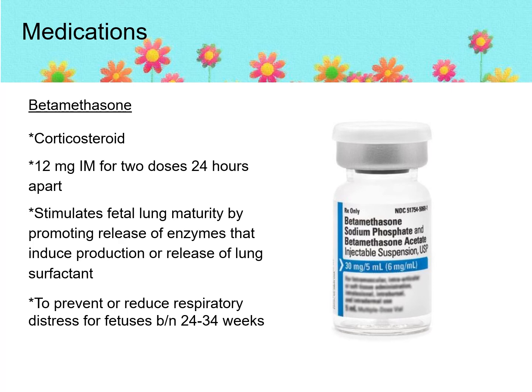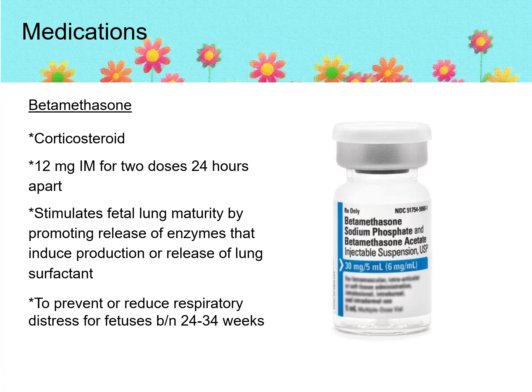It stimulates fetal lung maturity by promoting the release of enzymes that induce the release of lung surfactant. We're using it to prevent or reduce respiratory distress for fetuses between 24 and 34 weeks.